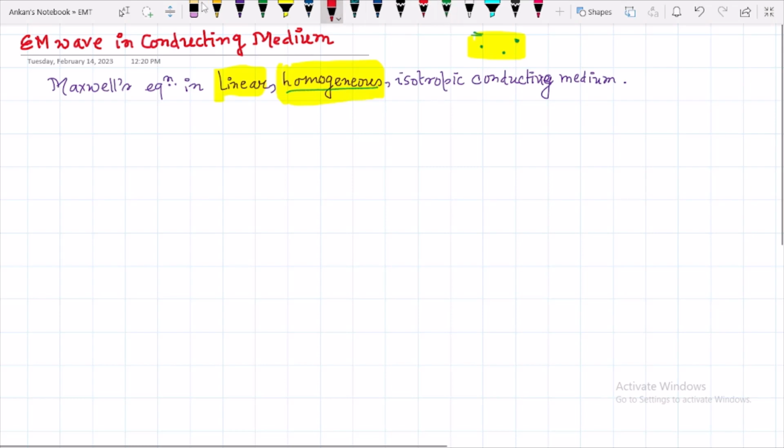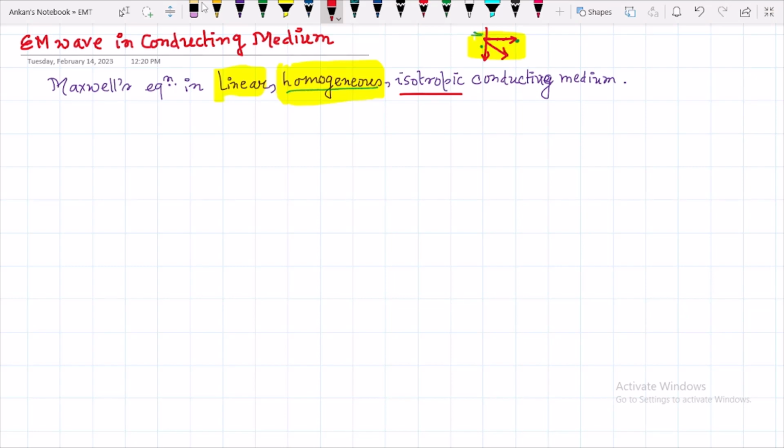Now why has the term isotropic been introduced here? Because isotropy means if you measure some quantity along a particular direction, it will be similar to the property measured along any other direction. Whatever direction you follow, you end up with the same physical quantity.